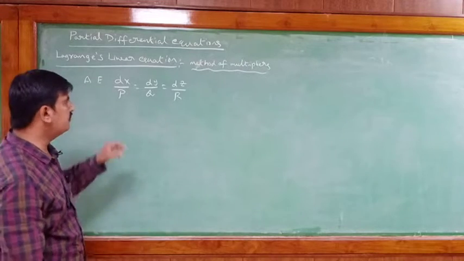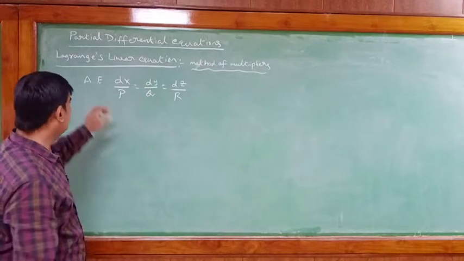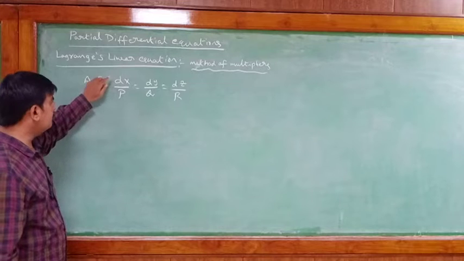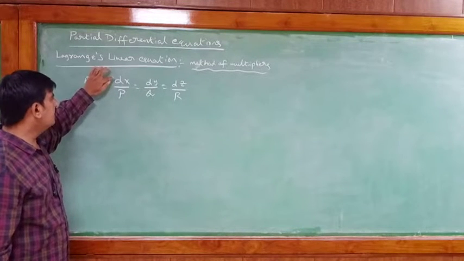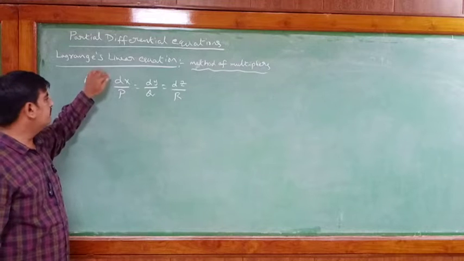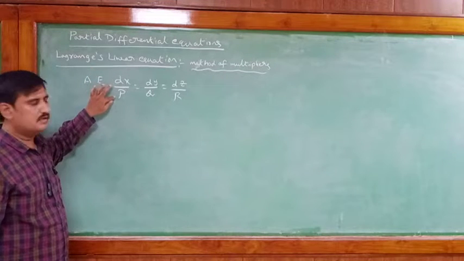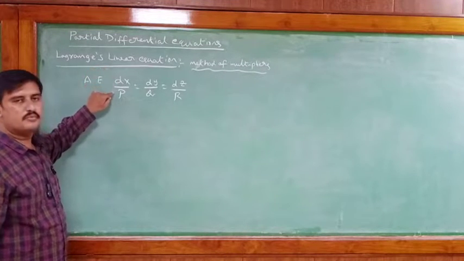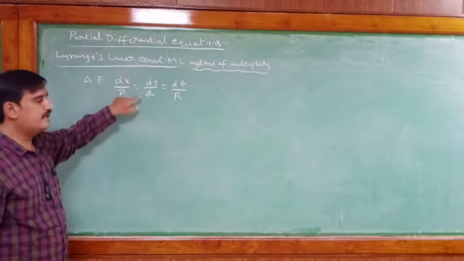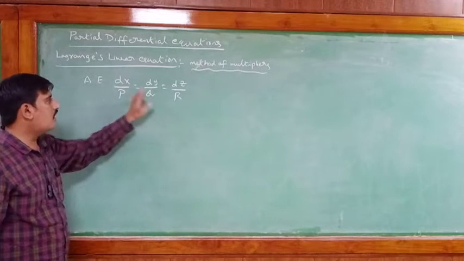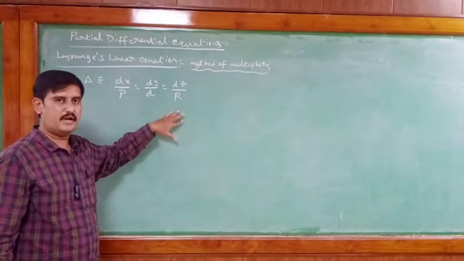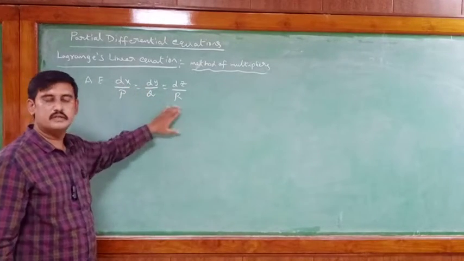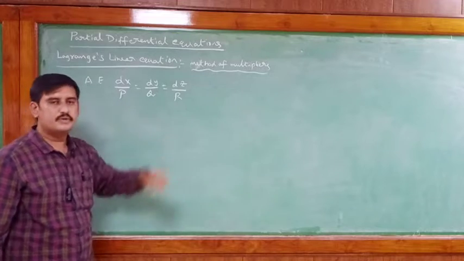So what we have to do in the method of multipliers: you need to multiply numerator and denominator with a constant or variable, and you need to add all numerators and all denominators, or subtract all numerators and denominators, in such a way that your denominator becomes 0.